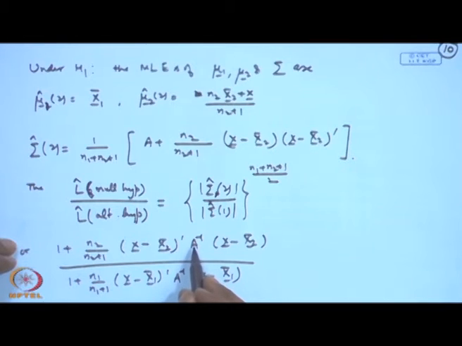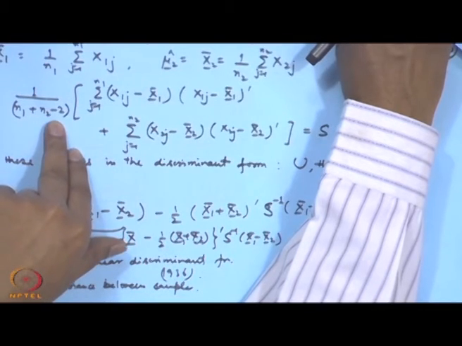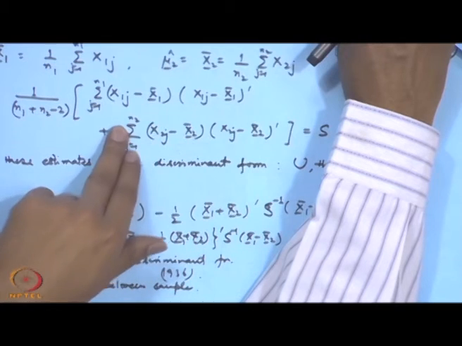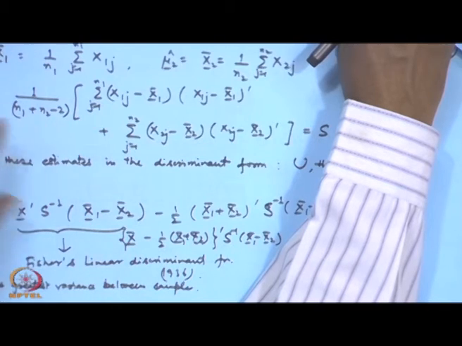In place of A, we can actually use the S term, which we had derived earlier. Let me just show it again. Right, this was the S term here. If we consider this S term, 1 by n 1 plus n 2 minus 2, this was the S term. So, we can actually write in terms of S, because here only the divisor is coming.